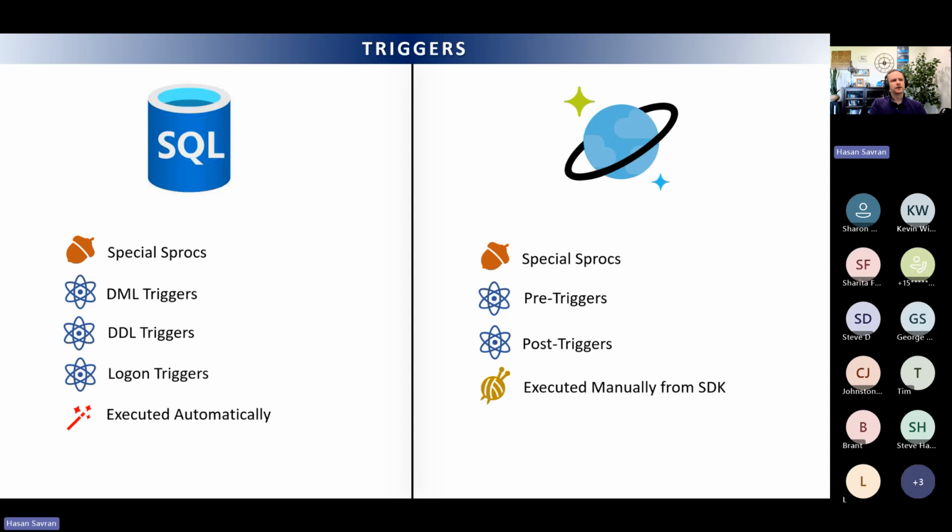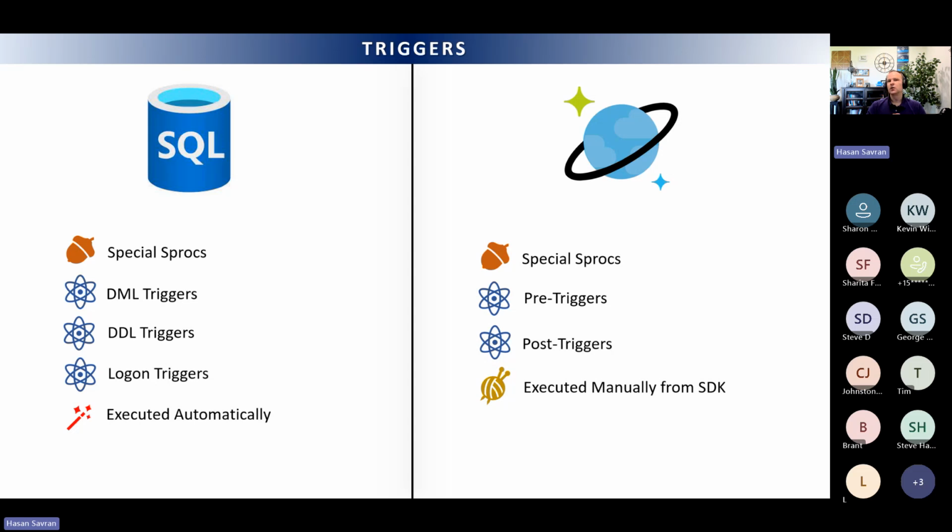Next one is triggers. Triggers can be useful depending on what you do in SQL Server. Those are really special stored procedures. There are different types of triggers depending on what operation is happening, and they get executed automatically in SQL Server. In Cosmos DB, they are special stored procedures, which means you still need to know JavaScript, and there are only 2 types of triggers.